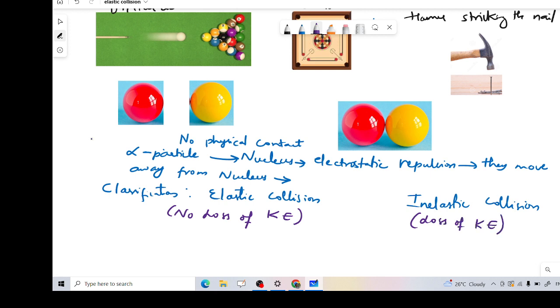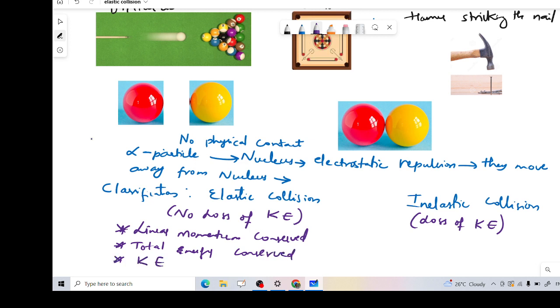During an elastic collision, linear momentum is conserved, total energy is conserved, and kinetic energy is also conserved.